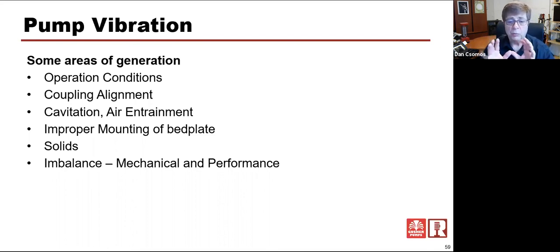So all of a sudden we've thrown that pump out of balance because that one side of the impeller, as it's rotating, is trying to do more work. It's moving more fluid or less fluid, depending on which way it's bent. And it's going to throw the thing out of mechanical balance. Well, okay, so you're going to get a lot of vibration from that.